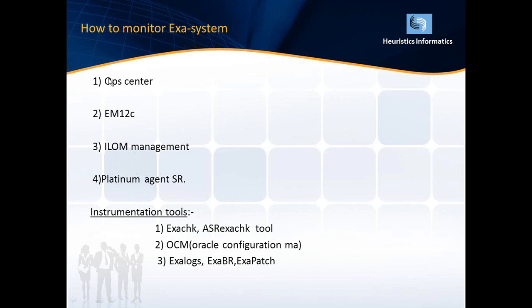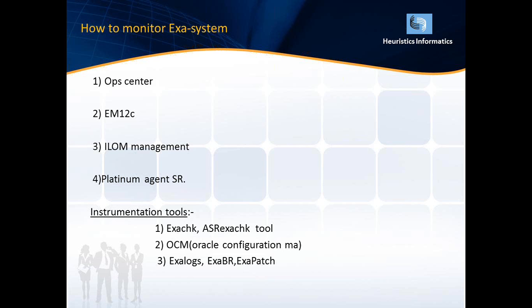I have the operations center, which is called EMOC, the enterprise manager policy, the ILOM management, and the platinum agent ASR. The platinum agent ASR will be installed by Oracle, and they will take care of everything. The ILOM management, which is configured, has a service processor. The ILOM management is a different one, which is configured on the management switch.